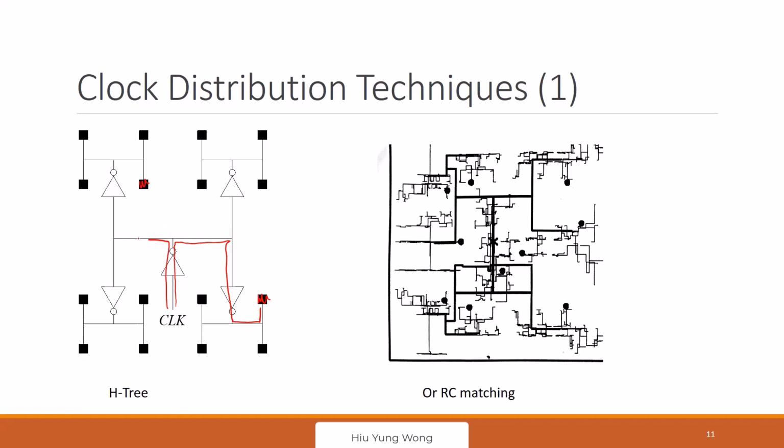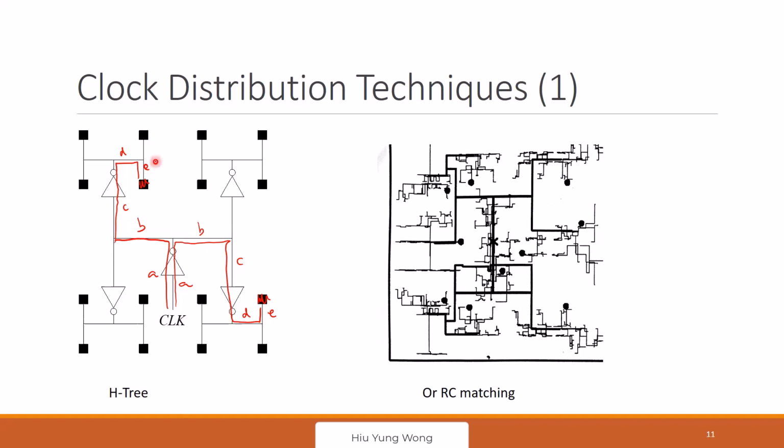Also 1, 2, still equivalent, 3, 4, 5, right? If I call this A, B, C, D, E, I still have A, B, C, D, E. So by doing a very good layout of the clock, I can deliver my clock through the chip pretty uniformly.